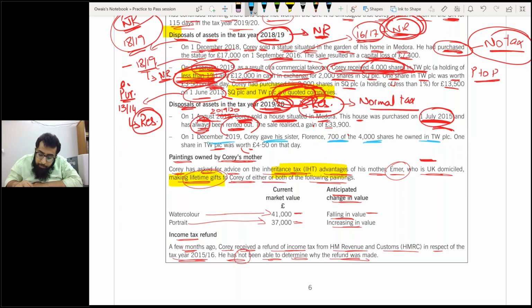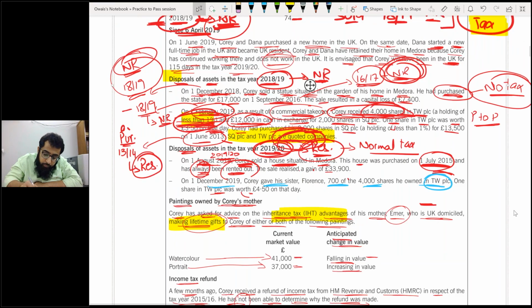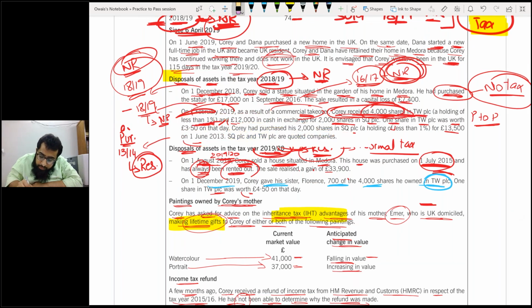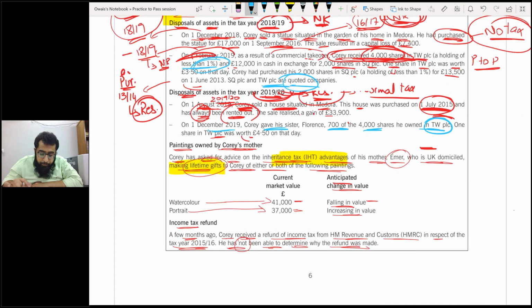Now, Hassan, TWPLC was a quoted company, and his holding was less than 1%. If your holding is less than 5%, you don't get gift relief. Now, when you don't get gift relief, you have to calculate the chargeable gain.